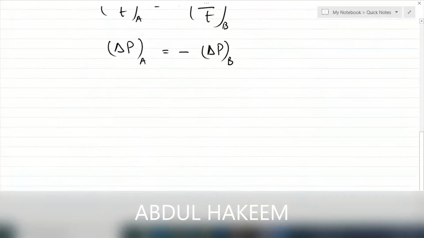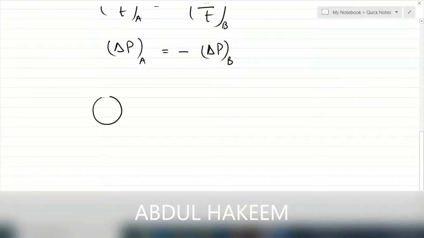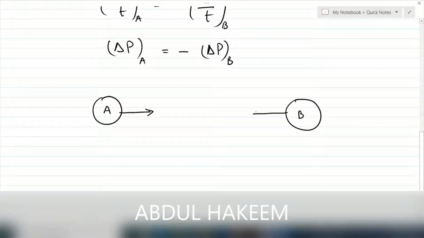For example, two objects. This is A, this is B. Both are moving towards each other. Momentum of A, suppose 7 Newton second, and momentum of B, suppose 5 Newton second. If this direction is taken positive, then this will be taken negative.